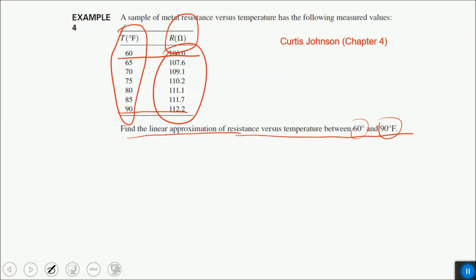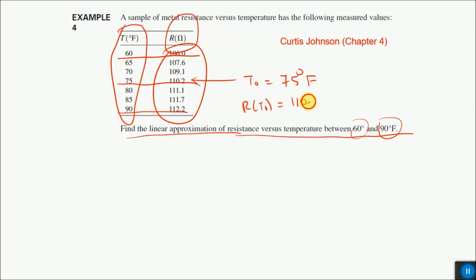So let's do that. T naught is the temperature in the middle of this range. So T naught is equal to 75 degrees Fahrenheit. RT naught is equal to 110.2 ohms, and alpha will be equal to 1 over 110.2 times R2 minus R1, that is 112.2 minus 106, over T2 minus T1, that is 90 minus 60.